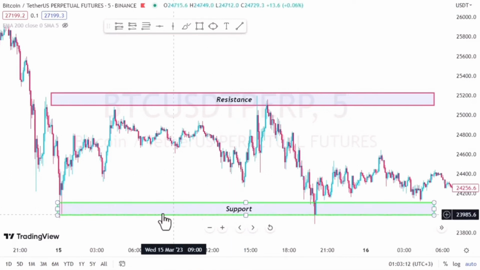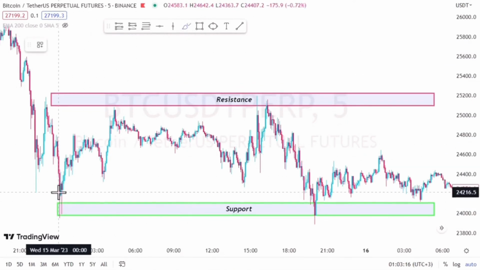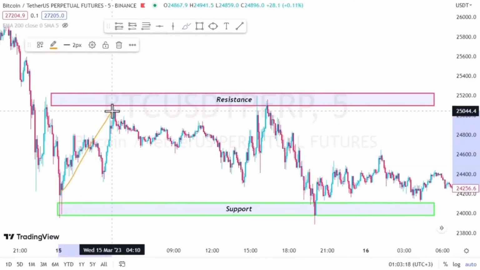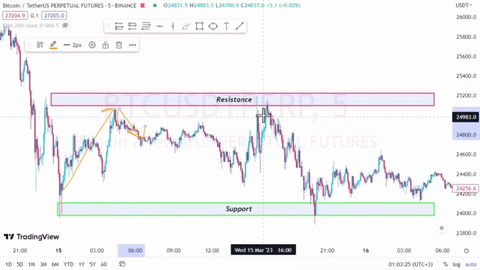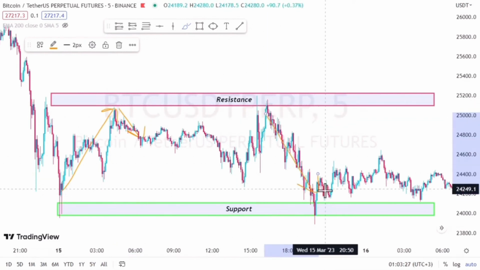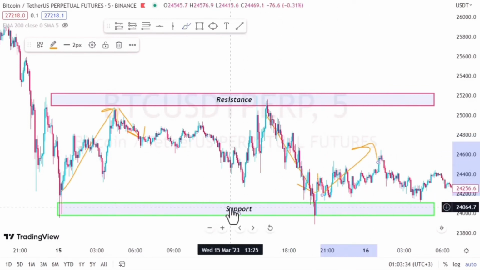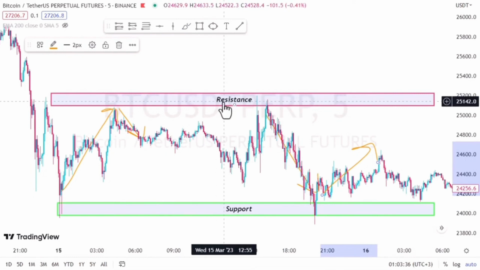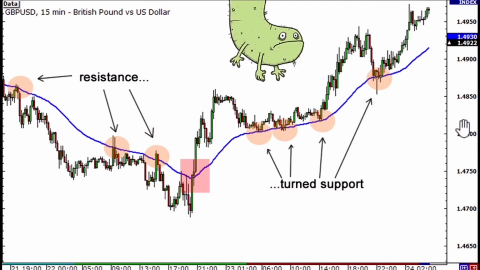So when you see the price, for example, goes up and then at a level it rejects and goes back down, or vice versa, the price goes down and it reaches a point, and then from there it changes its direction and goes the other way, of course upwards, or goes sideways. We call these points, these areas, support and resistance areas, which can be static, which are just horizontal lines, or they could be dynamic, which means they can be at angles.